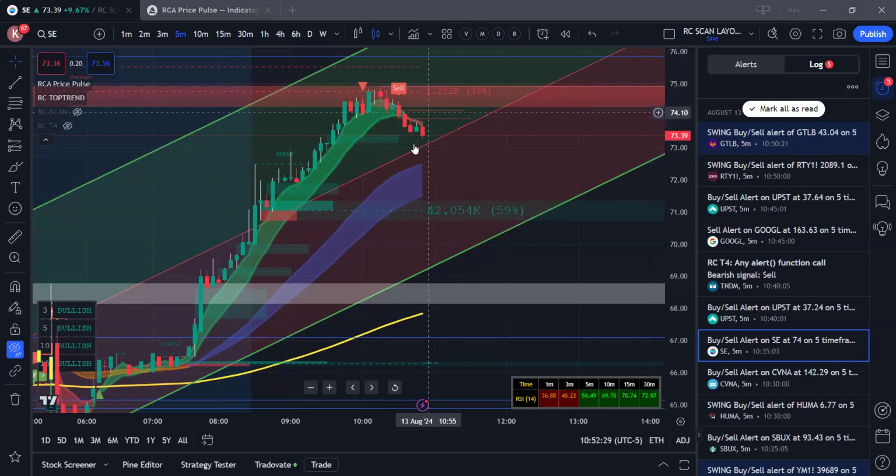You get a buy signal on SC, right? It may touch this one and then start moving up.